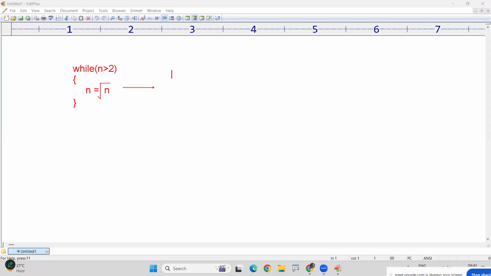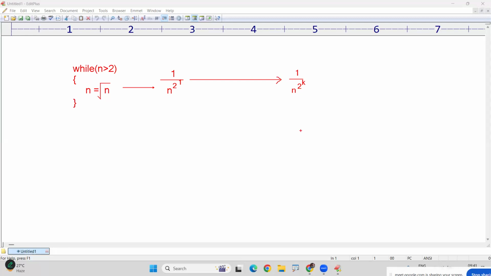So if you write this, n becomes n to the 2 power 1 again. Like this it will go up to, just like the previous example, k times, 2 power k.